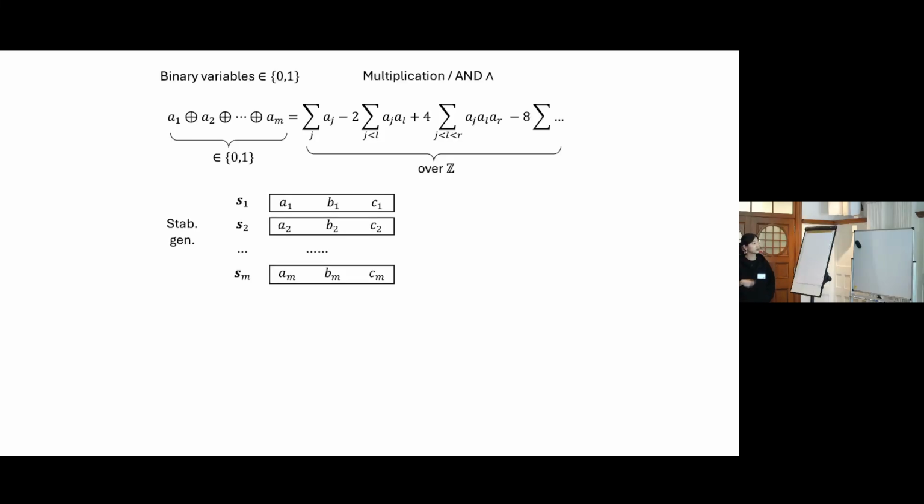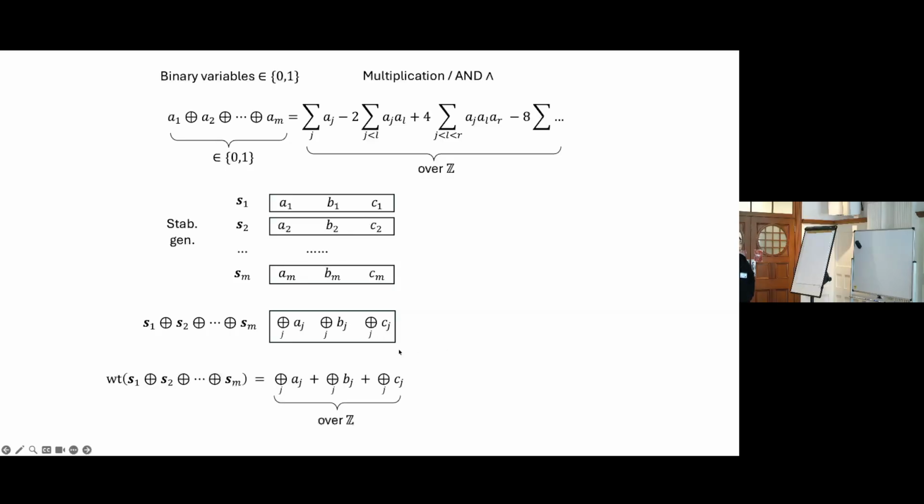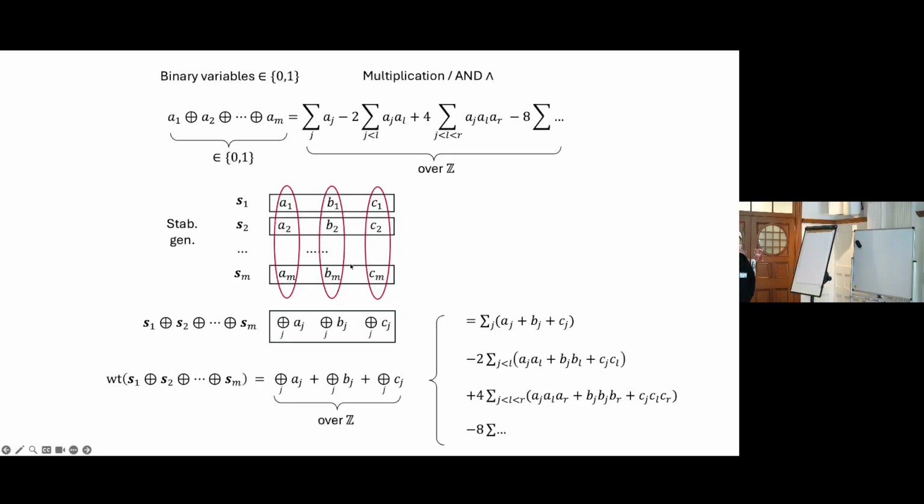So now let me explain why this is sufficient. Let me do it using 3 qubits only. We write down the stabilizer generators like this. And then we can consider, for example, the linear combination of all of them. It's just like this. And then we count the weight. This weight is, again, counted over Z2. And then for each XOR of Aj, we do it using this formula. We apply this formula vertically for each column, and we end up with something like this after some manipulation.